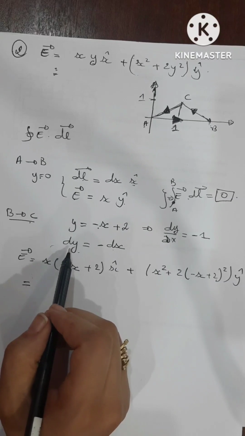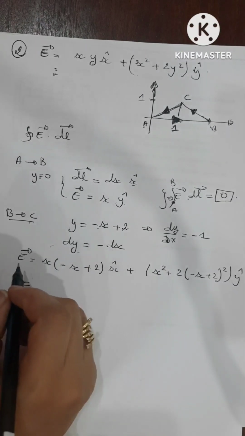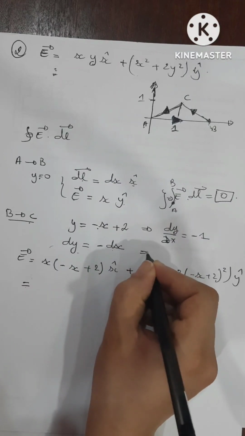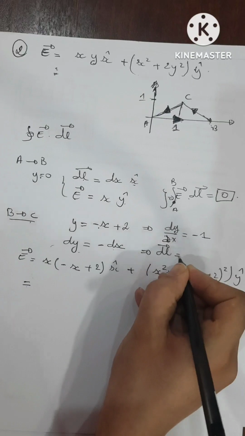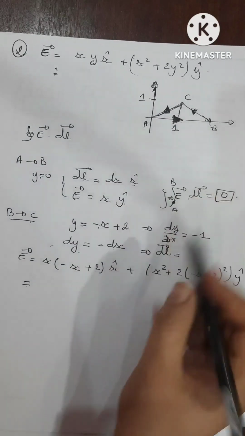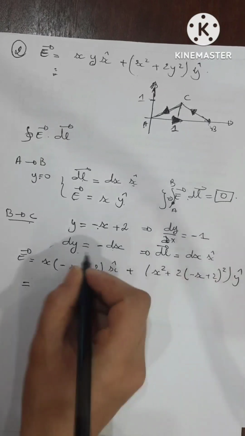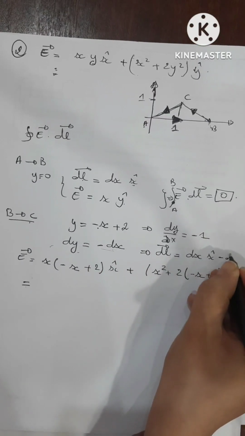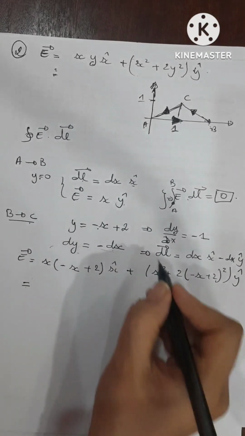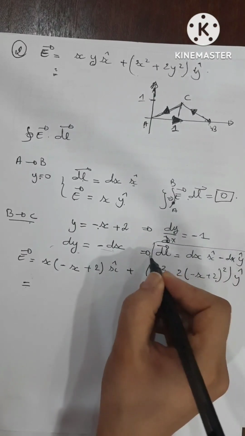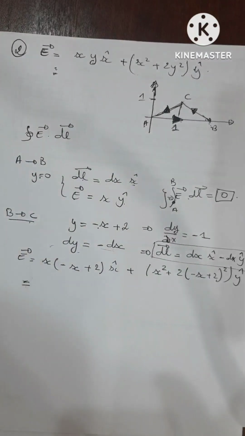I forgot to write dl, sorry, so I can write dl is dx in the direction of x minus dx in the direction of y. This is dl.